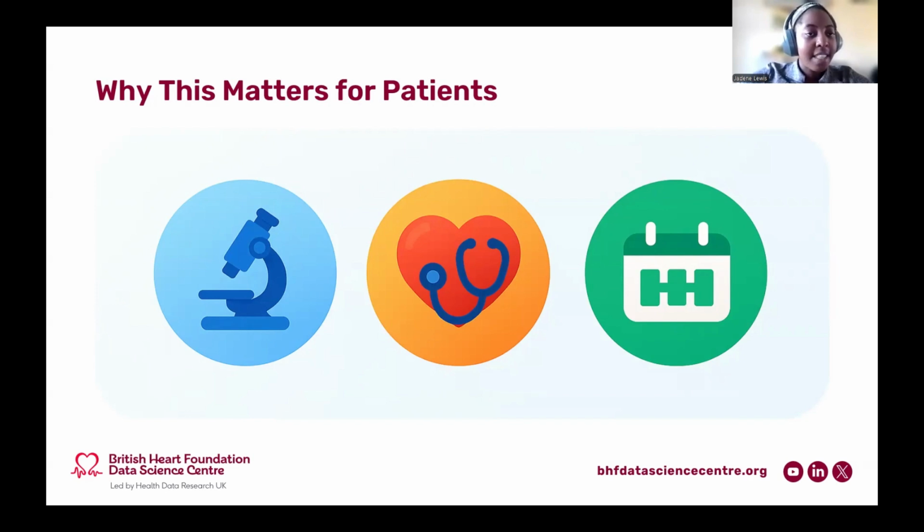Instead of mixing together different types of patients, we can understand which treatments work for which groups. This stronger evidence will then translate directly into better care, and clinicians can make decisions based on the research that truly reflects the people that they are treating. New treatments can be tested in the right populations, and guidelines can become more precise, and patients will ultimately receive care that's more tailored, timely, and effective.